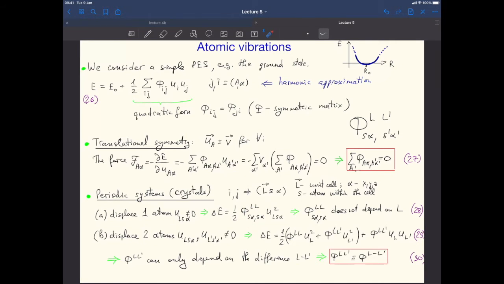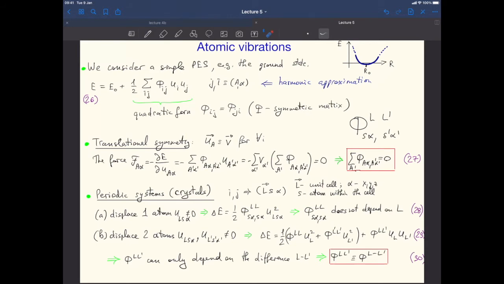The point is that this diagonal element would not depend on L, because if it did, the change of energy would be different if you displace exactly the same atom in exactly the same direction by exactly the same amount in a different cell, which is, of course, not possible due to periodic symmetry. It doesn't really matter from which cell you displace a single atom. So therefore, this element would not depend on L.